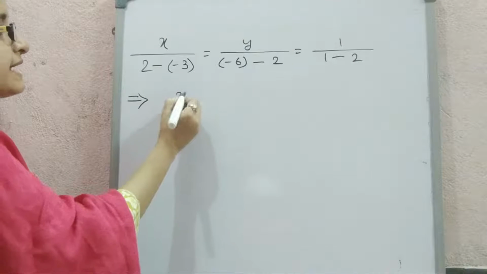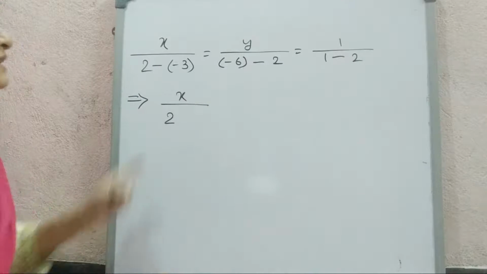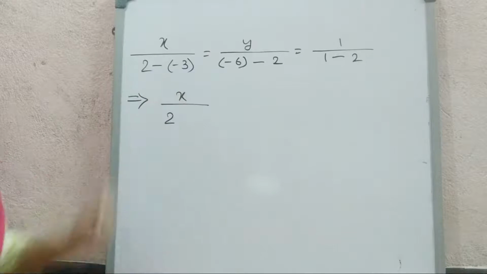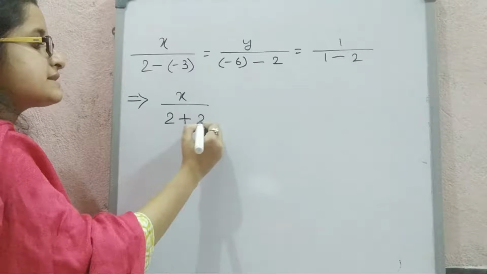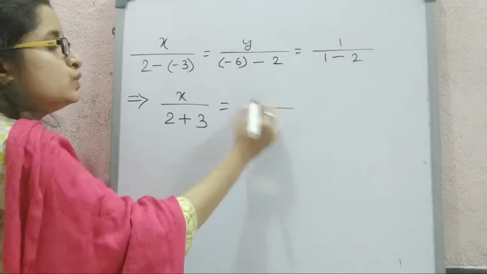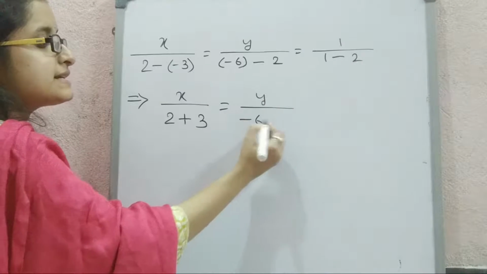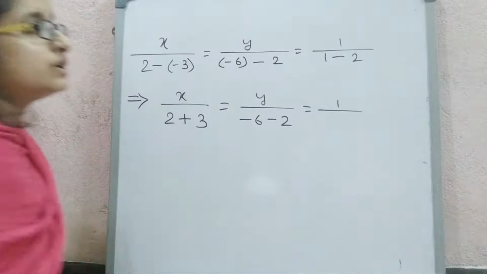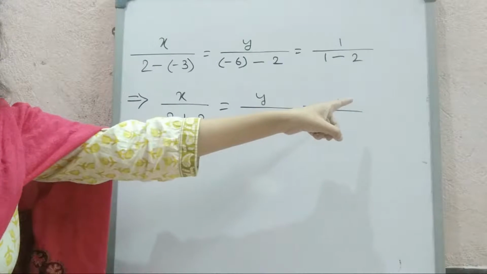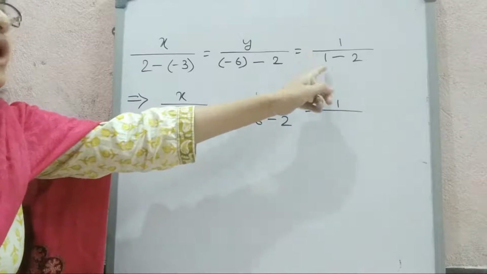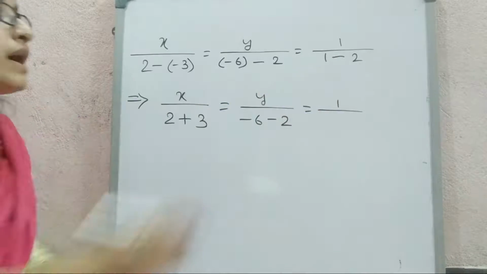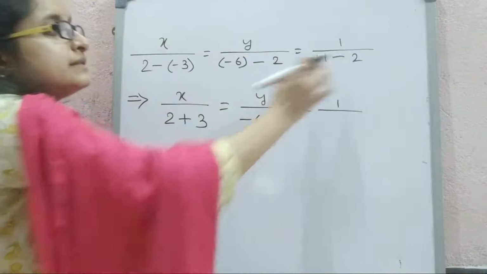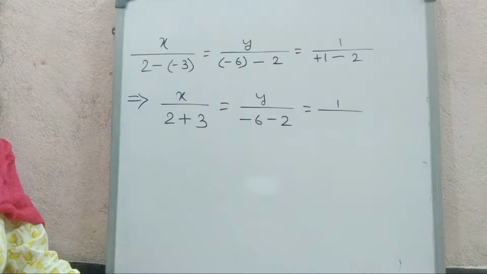We can write x by 2. There is minus and minus, this will be plus, is equal to y by minus 6 minus 2, and after that 1 minus 2. 1 is plus and 2 is minus.